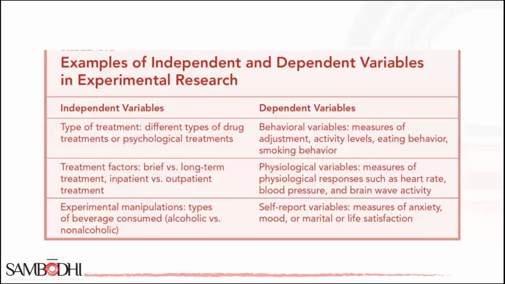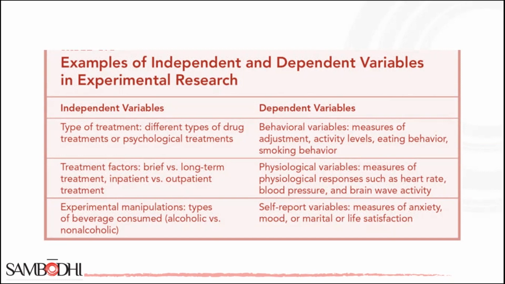Examples of independent and dependent variables in experimental research. Independent: type of treatment, different types of drug treatments or psychological treatments. Dependent, behavioral variable: measures of adjustment, activity level, eating behavior, smoking behavior.